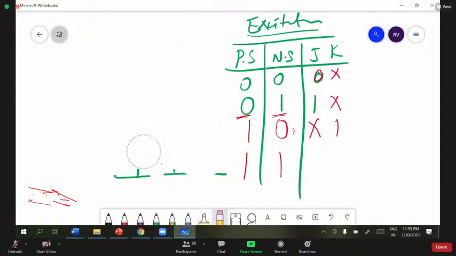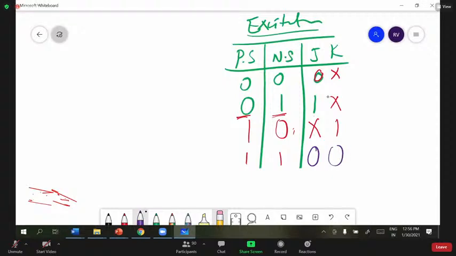When previously the stored bit of the flip-flop is 1 and the next state also is 1, that is the no change condition, right? No change means what can you write here? Can you put this as 0, 0?